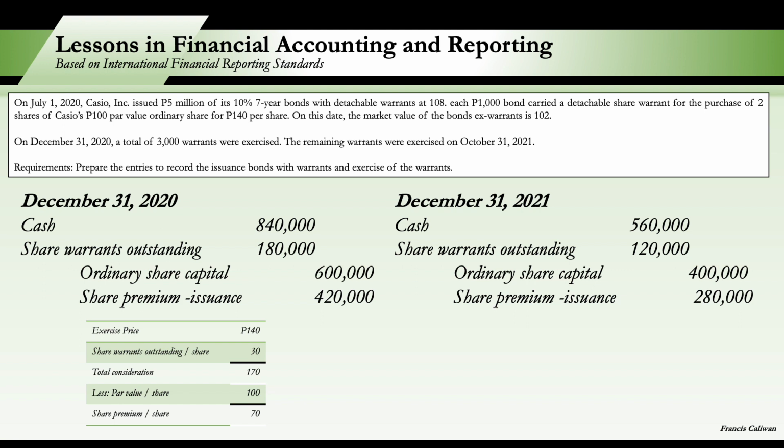Diba, na-debit na natin yung 180 kanina on December 31, and then credit to ordinary share capital of 400,000, and the balance is share premium 280. Again, paano natin dinidetermine yan si 280? That's 70 times 4,000 shares. That's 280,000. Okay, so that is our first illustration for the share warrants outstanding, or the bonds with share warrants.